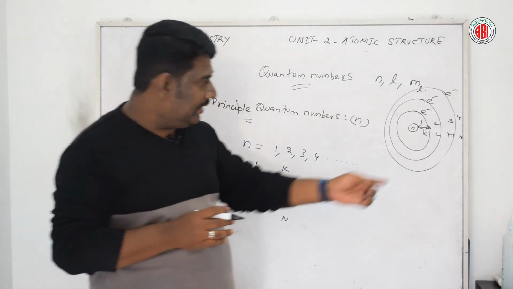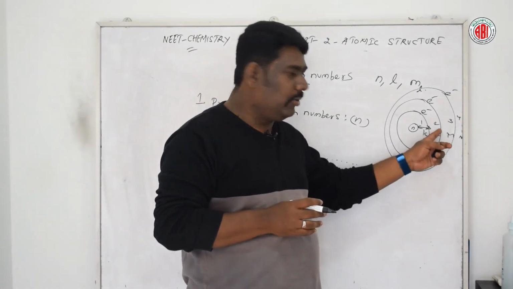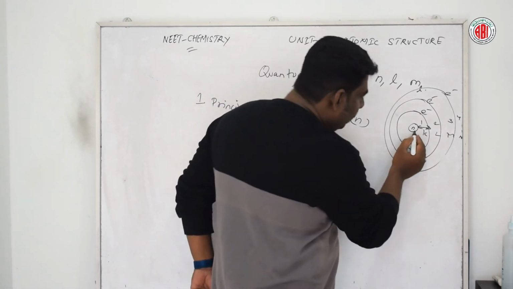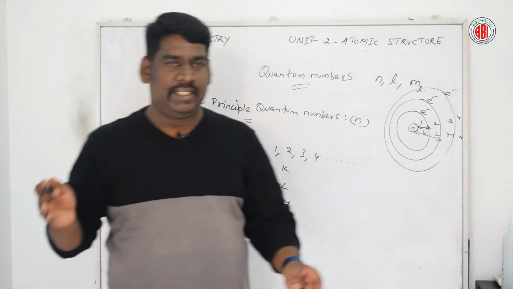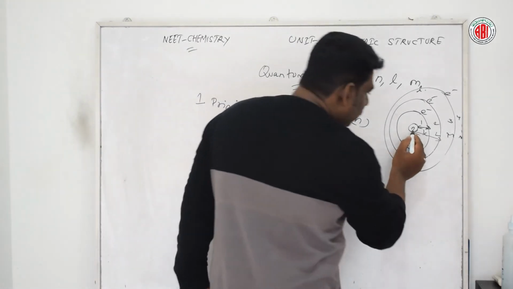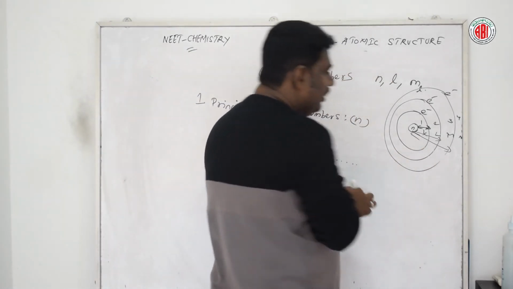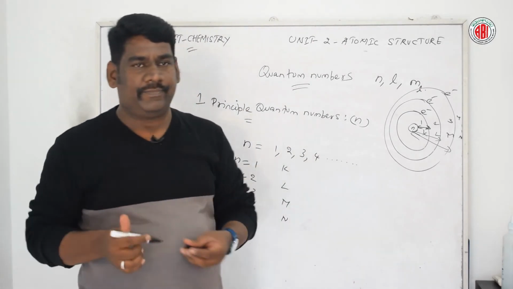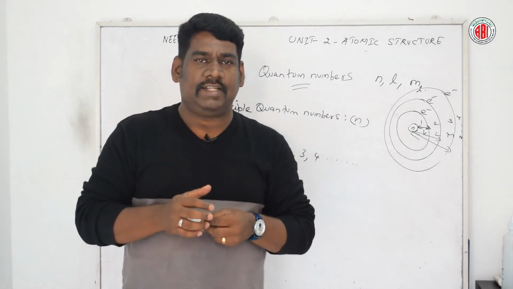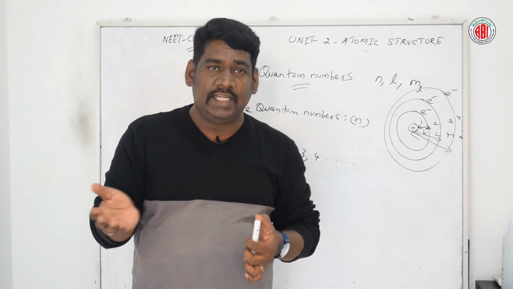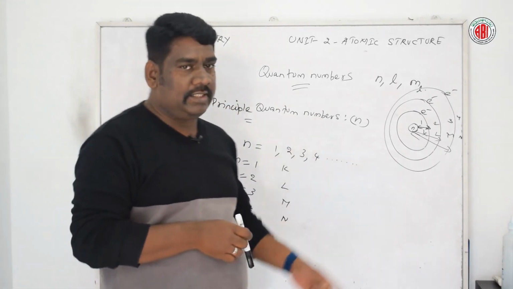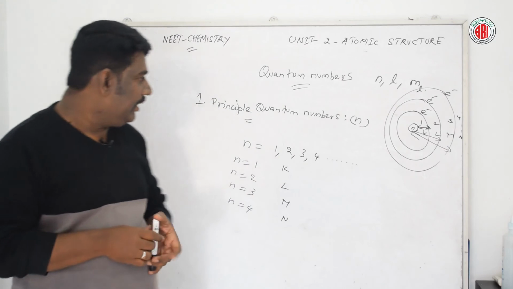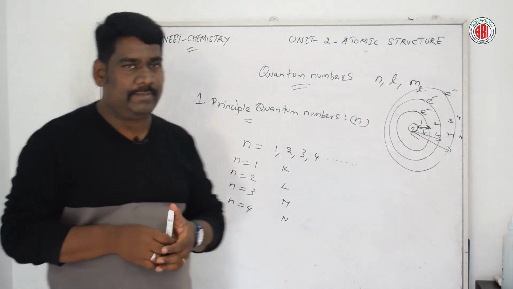When the n value is increasing, n is equal to 2, the distance between nucleus and this n number 2 is increasing. Similarly, n is equal to 3, the distance is increasing. So as the value of n increases, the distance of the electron obviously also increases. Now that knowledge we can get by knowing this principal quantum number.